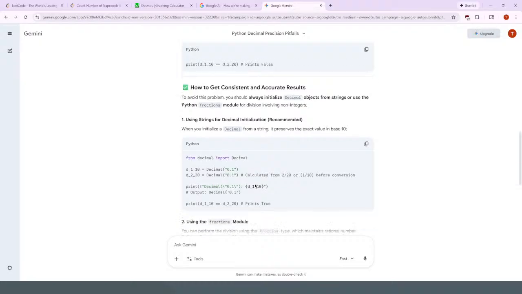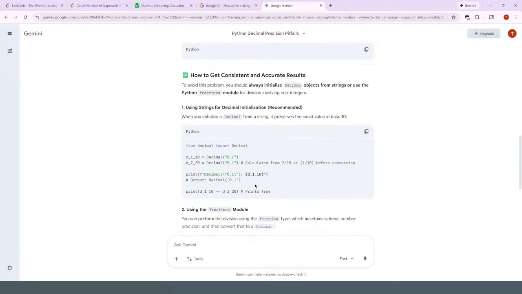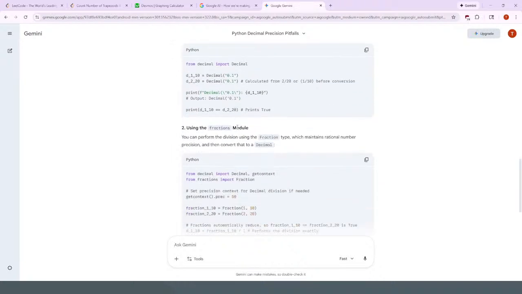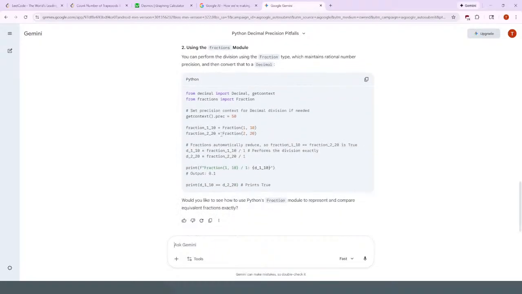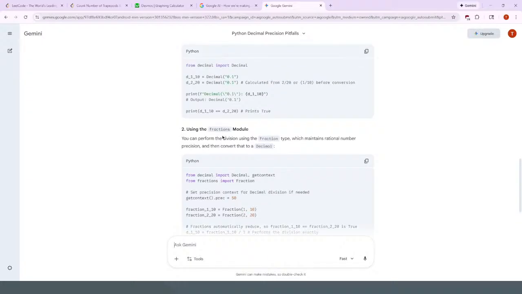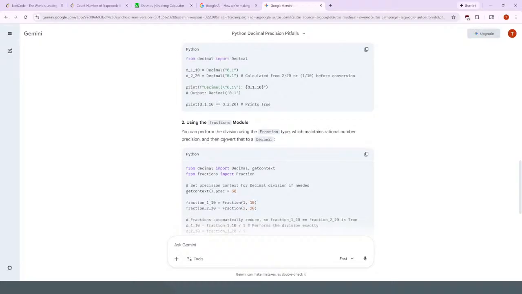Interesting. So I think it might be a precision issue. I was just hoping that it was not an issue, but it definitely seems like I probably screwed this up in this area. Okay, we can call division using the fraction type, which maintains fraction number precision, then convert to decimal.